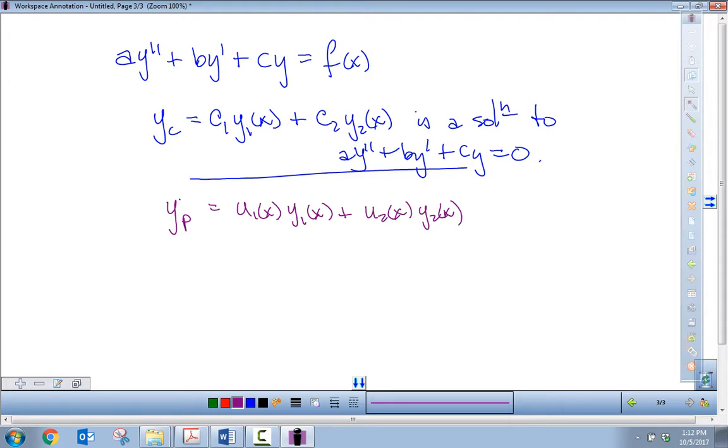That this is a solution to the non-homogeneous differential equation. Why are they saying that? I don't know if I know why they're saying that. I don't remember.